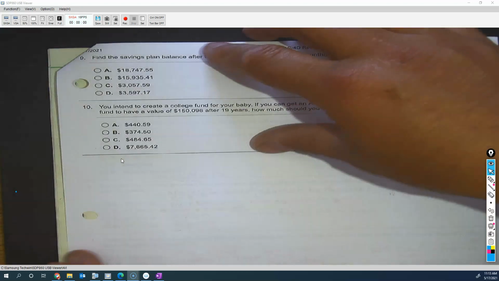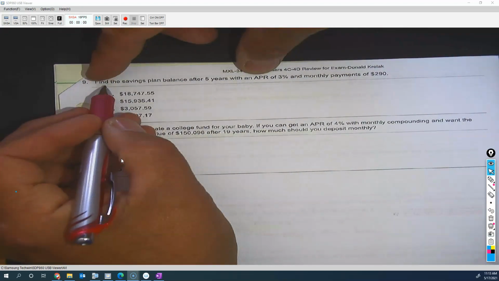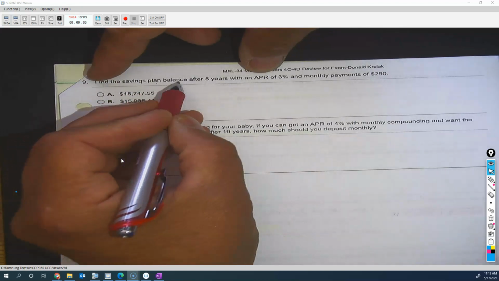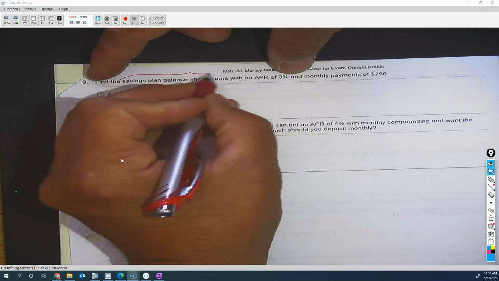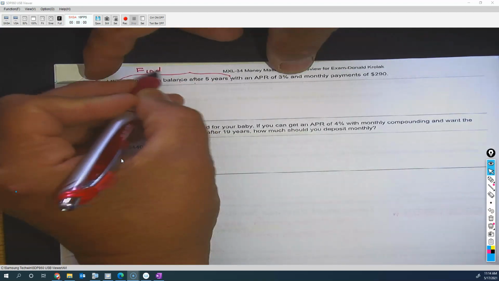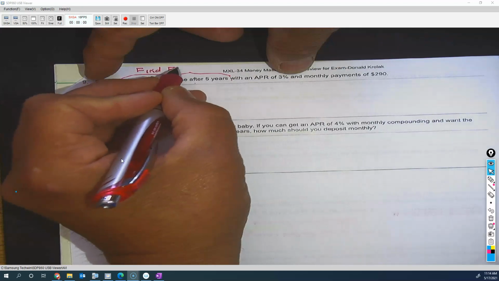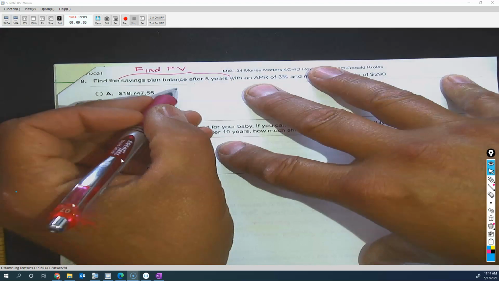I'm confused. All right. Now this one here, it says find the savings plan balance after 5 years. So what you're finding, guys, is the future value now. So that's going to be blank on your TVM.